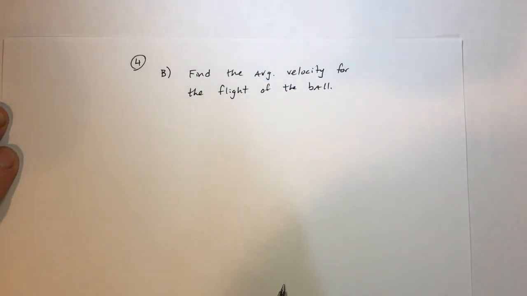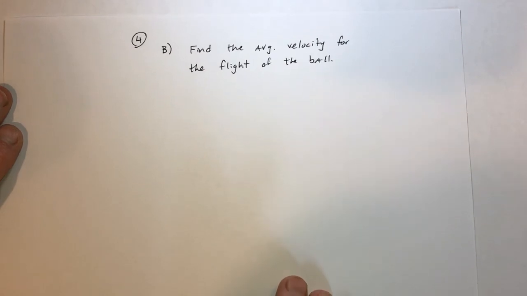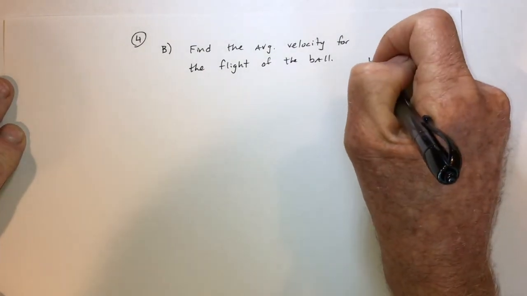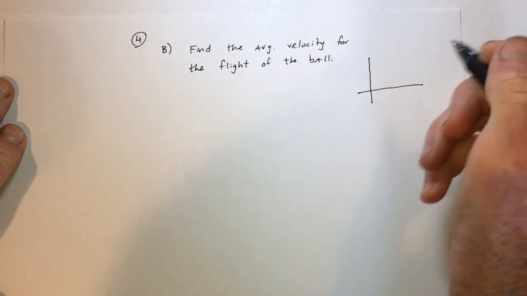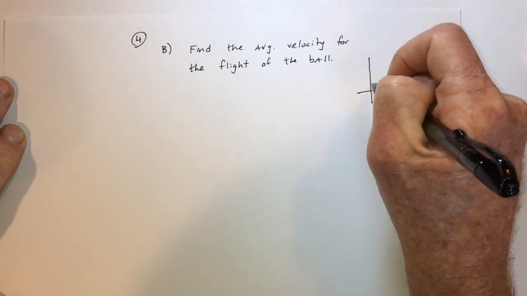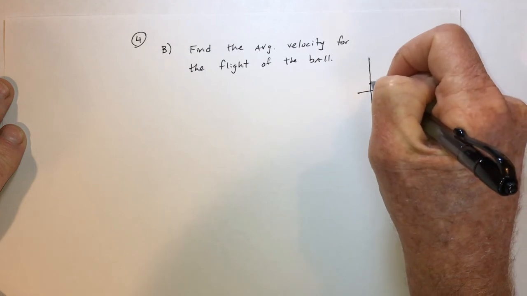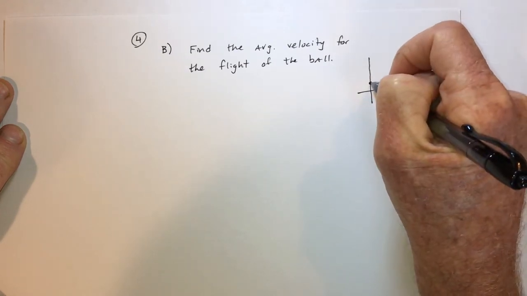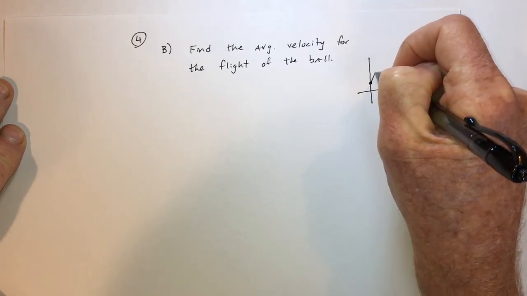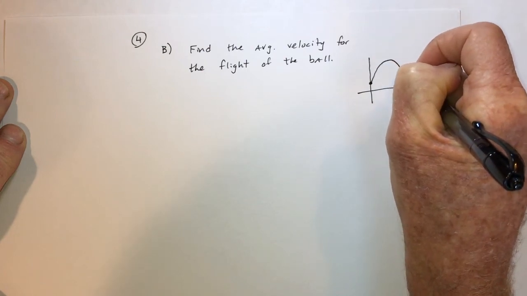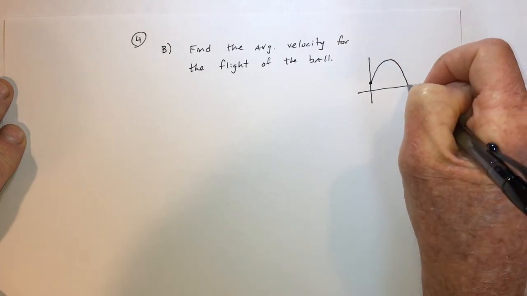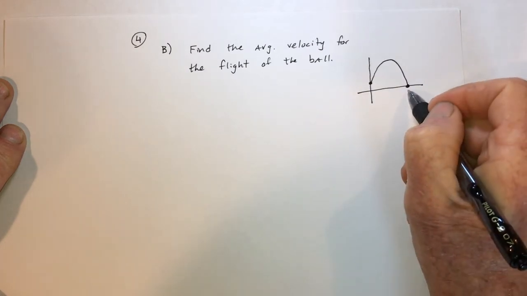What's the average velocity over the whole flight of the baseball? So the baseball would start at some height. I don't know what the height is because I wasn't given that part. And then it's going to go up, and of course gravity is going to bring it back down. And so then what we need to do is find out, when does it hit the ground?